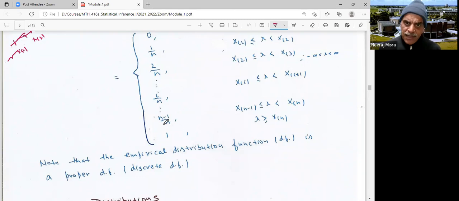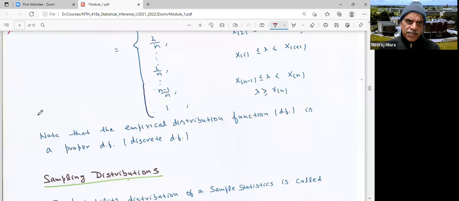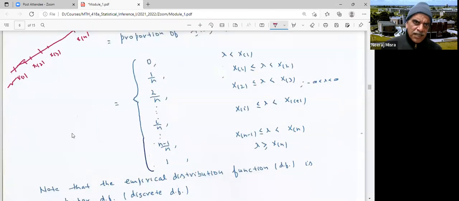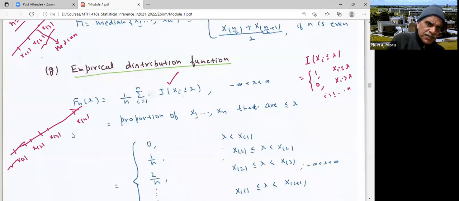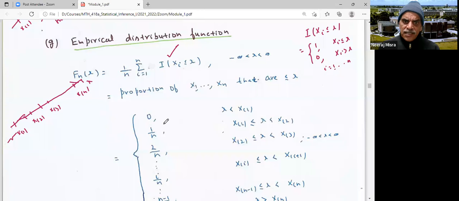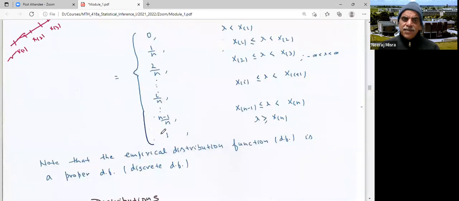The proportion would be n minus 1 by n. However, if x was bigger than or equal to X_n itself, so that means your x was over here, then all the observations are less than or equal to x, because of their order. So this becomes 1.